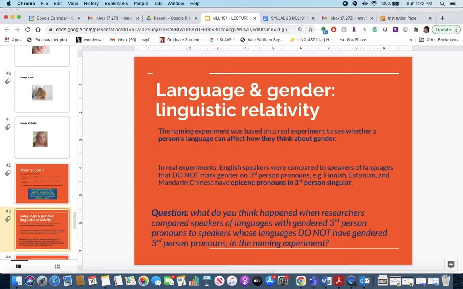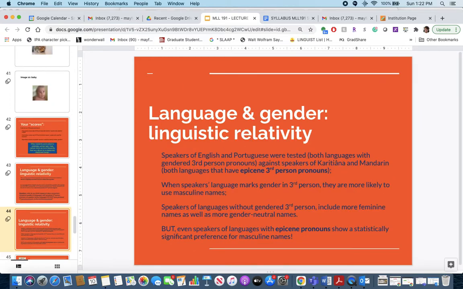So, what do you think happened when researchers compared speakers of languages with gendered third person pronouns to speakers whose languages did not have a gendered third person pronoun? They tested not only English speakers but also Portuguese speakers, along with speakers of Finnish, Estonian, and Mandarin. They found that speakers of languages that mark gender in the third person, so they have a pronoun for he or she, are more likely to use masculine names.